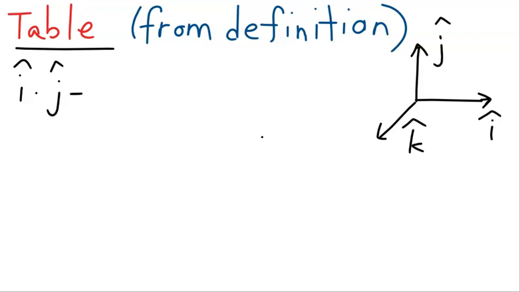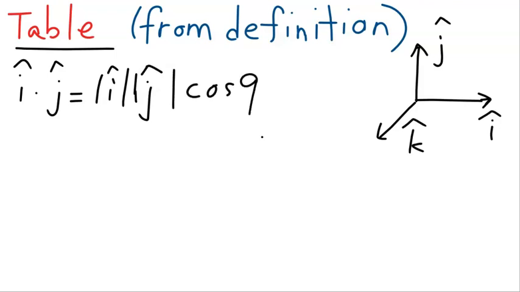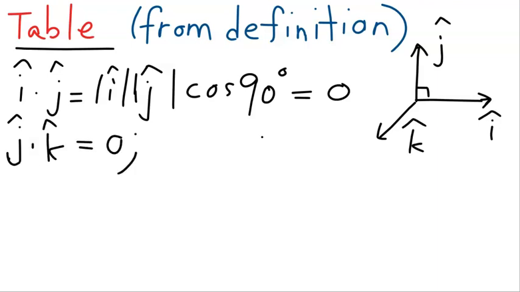So by definition, i dot j is the magnitude of i times the magnitude of j times cosine of 90, because 90 is the angle between them, and that's going to give you 0. Now you can calculate the dot product between, say, j and k. For the same reason, they will vanish. Likewise, i dot k will also vanish.